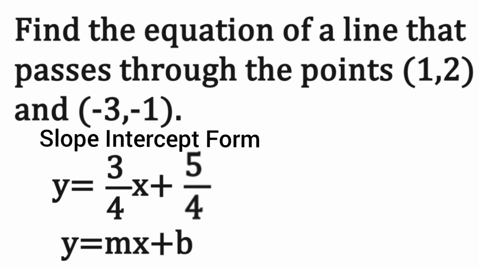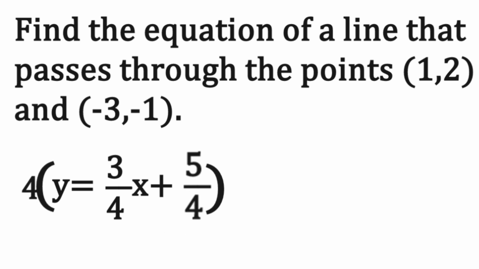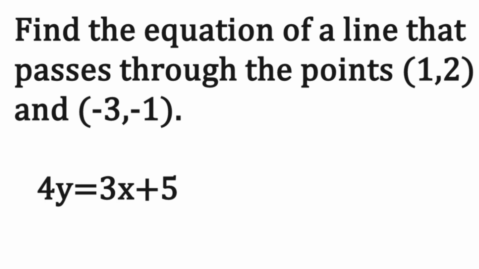We can change this equation to the standard form by multiplying 4 to the left and the right side of the equation. So distribute this 4: 4 times y is 4y, and the 4 cancels on the right side. So we have 4y equals 3x plus 5. Let's transpose this 3x to the other side: 4y minus 3x equals 5.